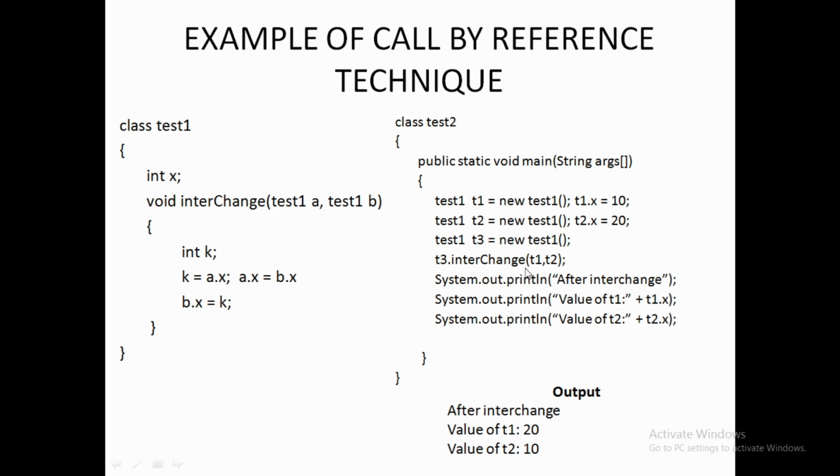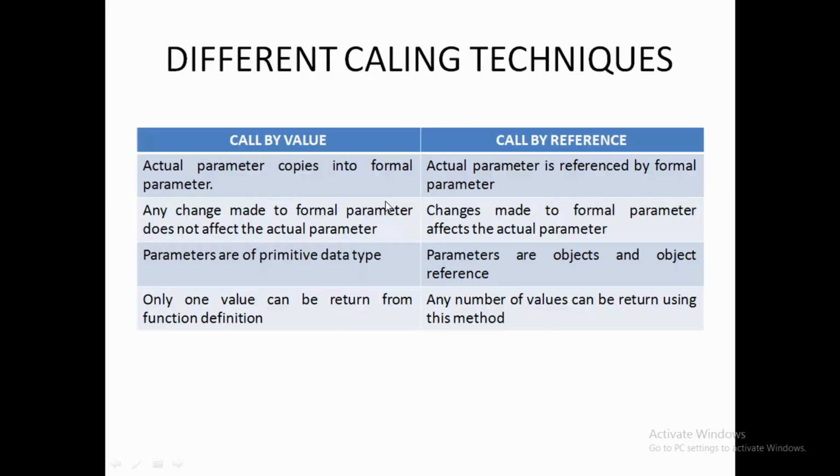The actual parameters T1 and T2 are referred to by the formal parameters. Any changes made to the formal parameter do not affect the actual parameter, as you have seen in call by value, but in call by reference, changes made to the formal parameter affect the actual parameter. In call by value, parameters are of primitive data type, we have seen this, but in call by reference, objects are used.